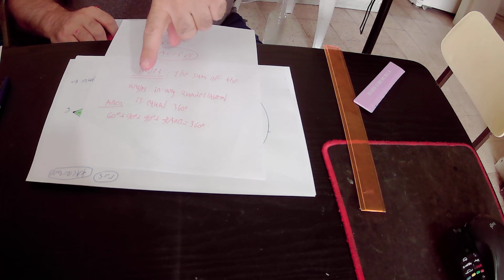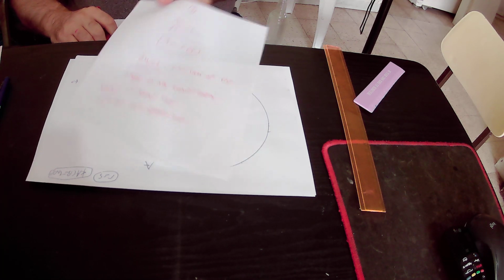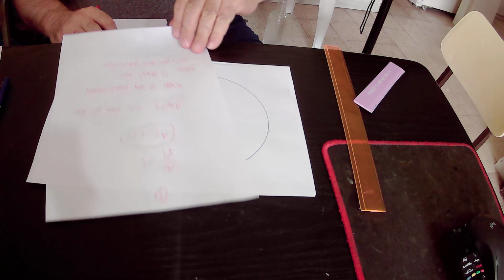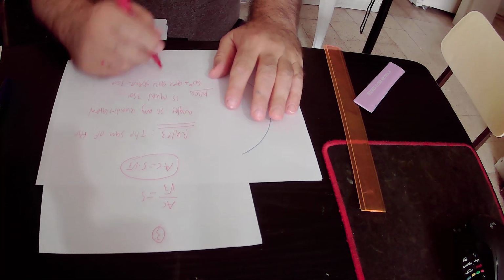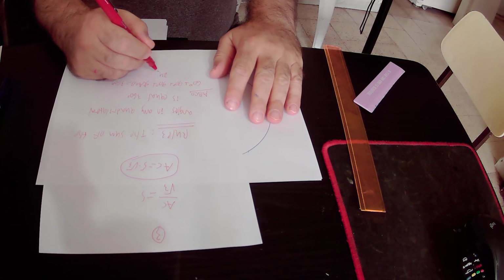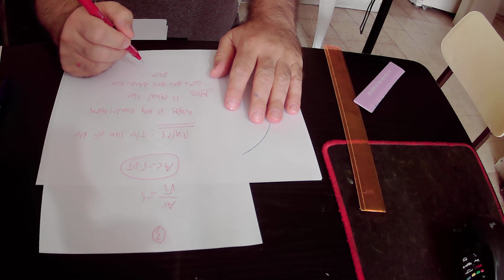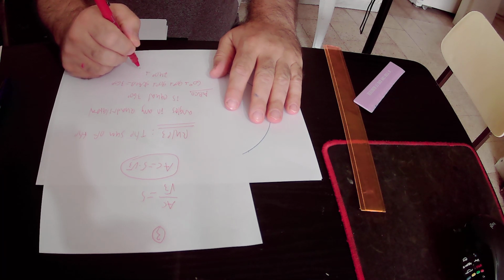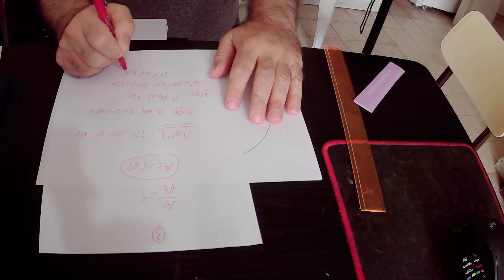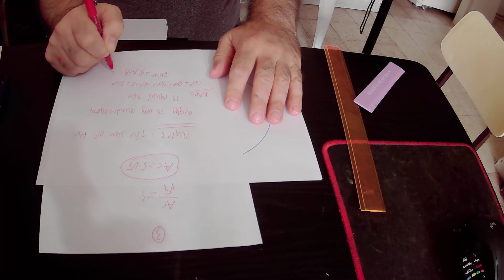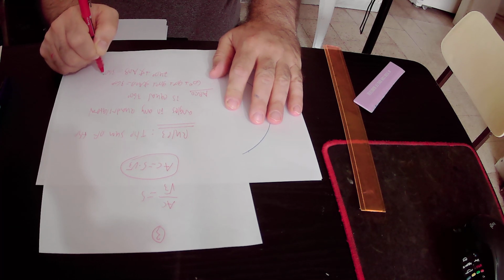So here we have 60 degrees plus 90 degrees plus 90 degrees is 240 degrees. So I write it down: 240 degrees plus angle AOB must be equal to 360 degrees.